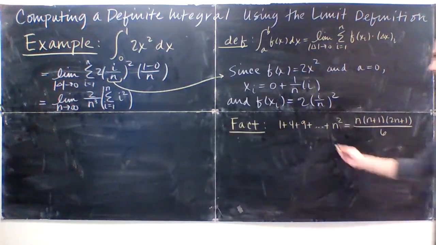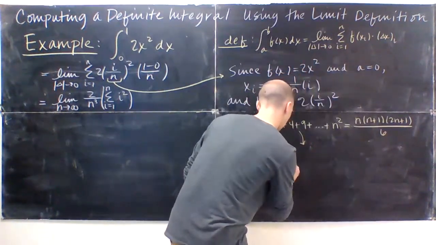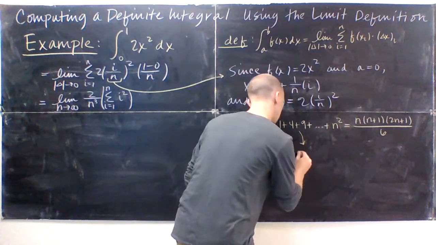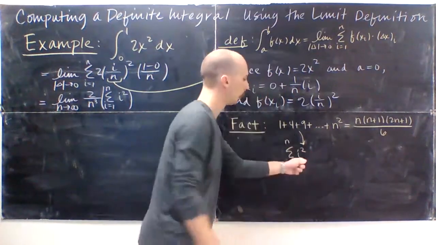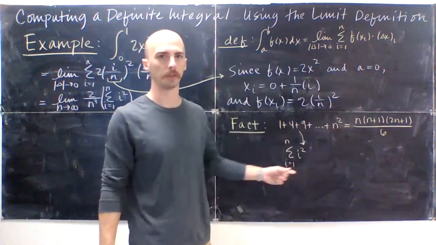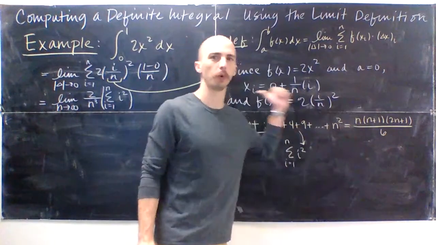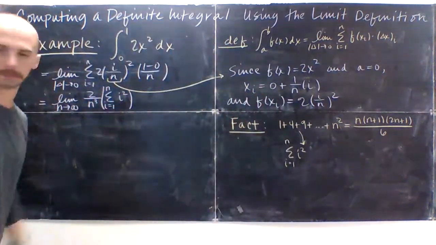Okay, but this is the sum as i runs from 1 to n of i squared, right? 1 squared plus 2 squared plus 3 squared plus 4 squared all the way up to n squared. That's exactly what this expression means. So I've got this fraction that I'm going to go back in and substitute here.